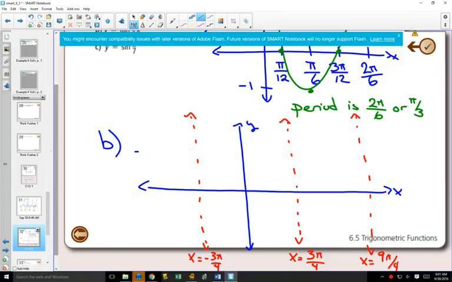Now that you have your asymptotes, what does a tan graph look like? Looks like an x cubed graph. And this would be fine. Put 1 on the y-axis just so you have it labeled.